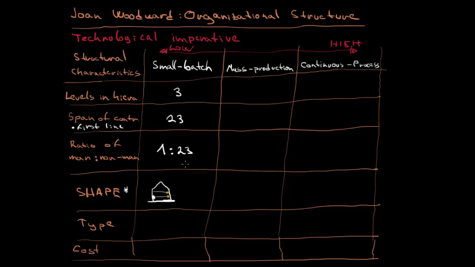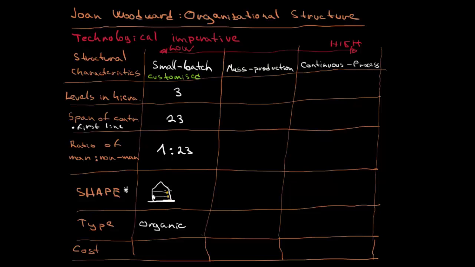And the most appropriate type of structure for this kind of company is going to be the organic one. Because imagine a small batch production. Our products are going to be really customized, so we have to react in an organic way.